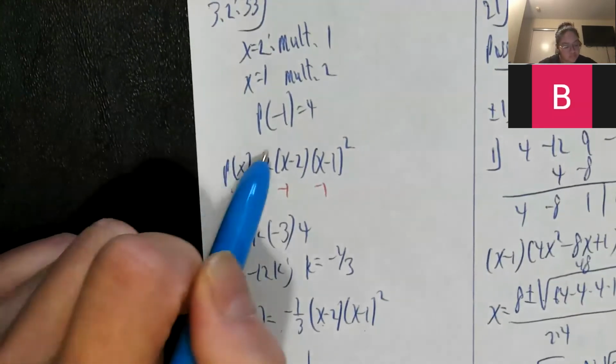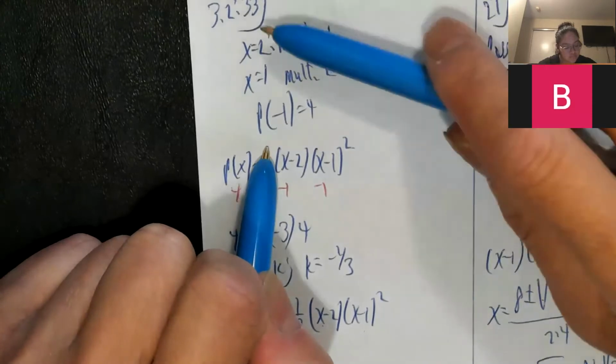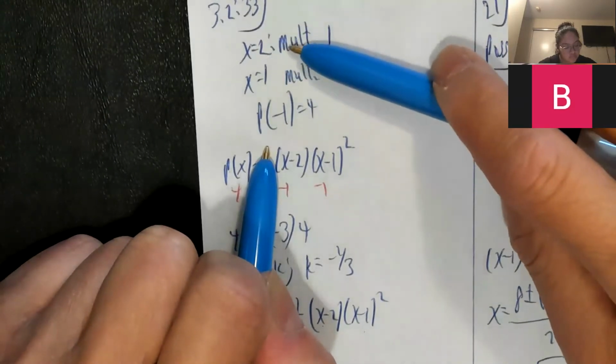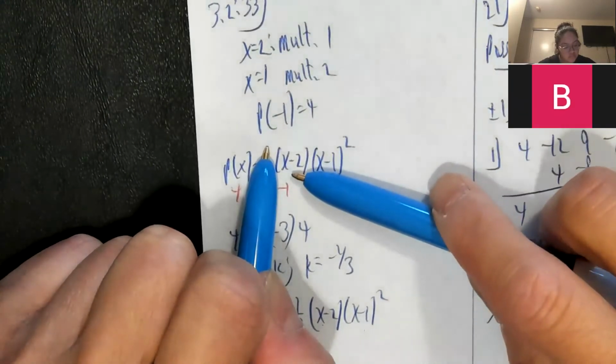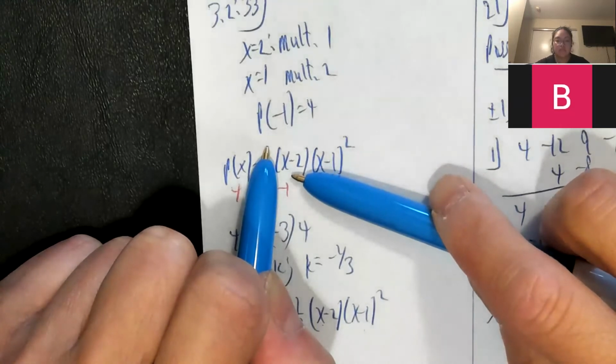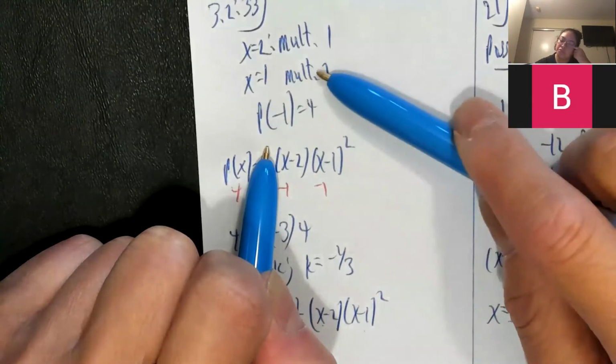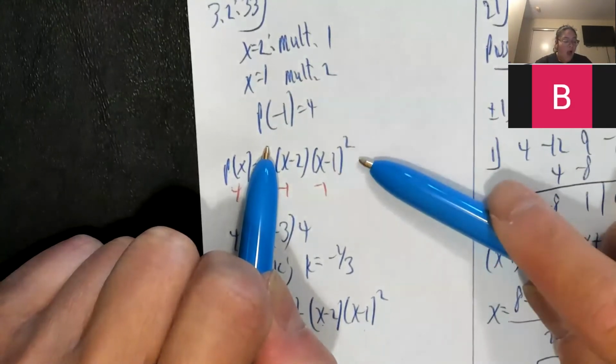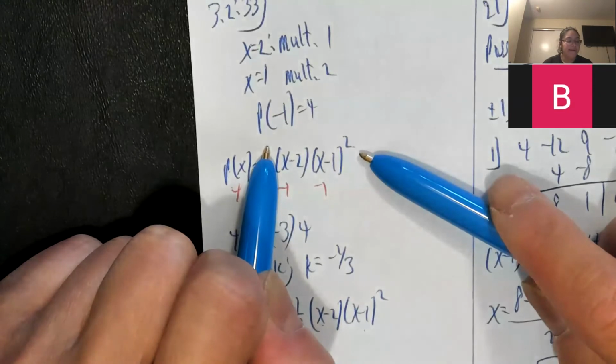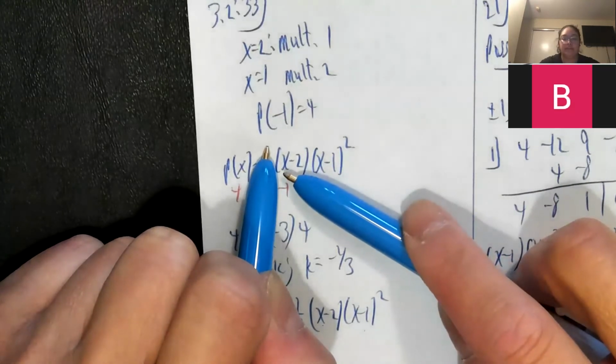All right, so p of x. This x equals 2 with multiplicity 1 tells me I have a factor of x minus 2. This x equals 1 with multiplicity 2 tells me I'm going to have x minus 1 squared. Right? So 2 works.